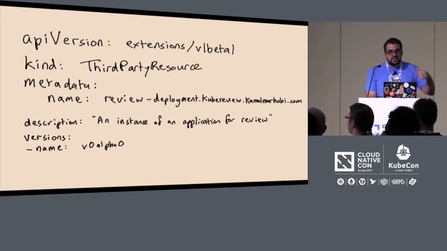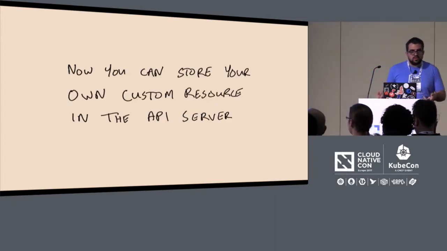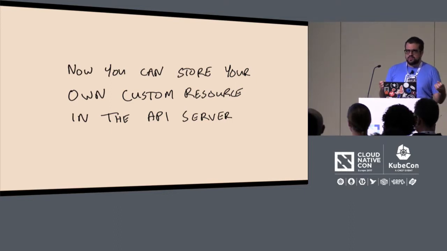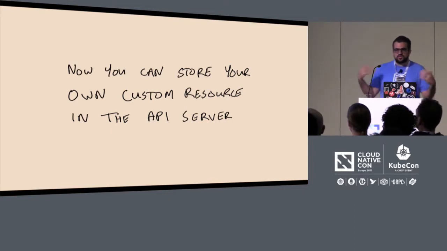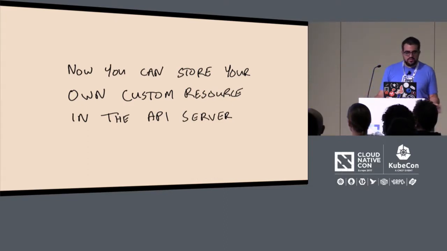And then now we can do kubectl create with things that are a review deployment type. So now we can actually create our own custom review deployments and submit them into the Kubernetes API server. And from the API server's point of view, that's just a blob. But we're able to request and modify and watch and do all of the things that the API server makes available with that resource.